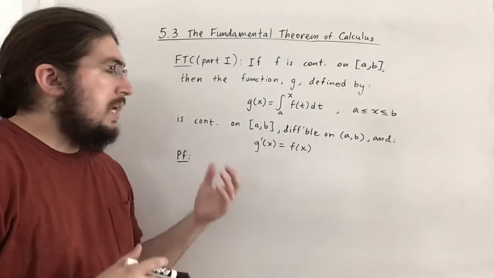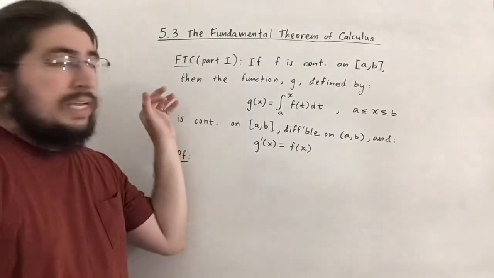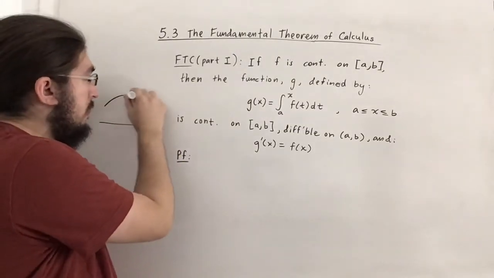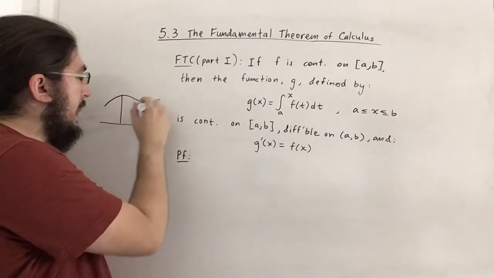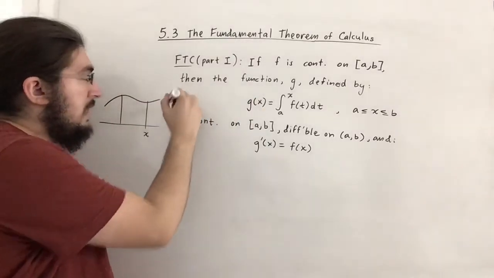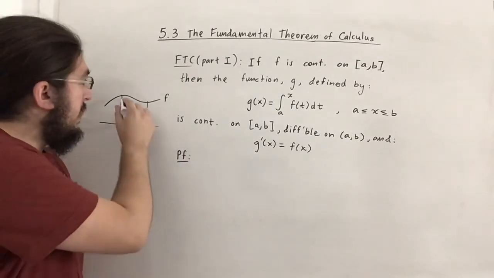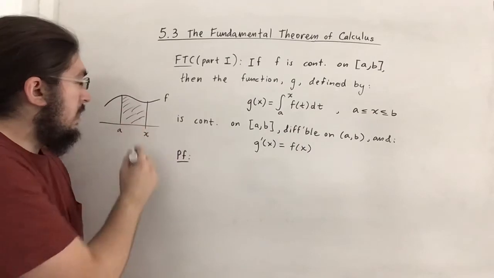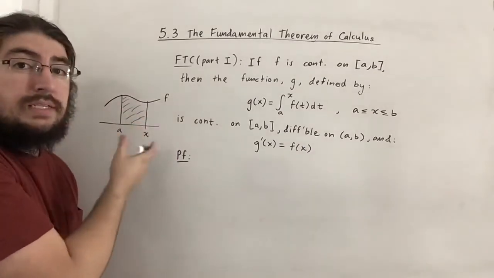Now, something to have an understanding of is what g is doing. So g is looking at the integral from a to x of f. So this is the function f, and the area in between a and x is going to be g. So the area here represents g of x.